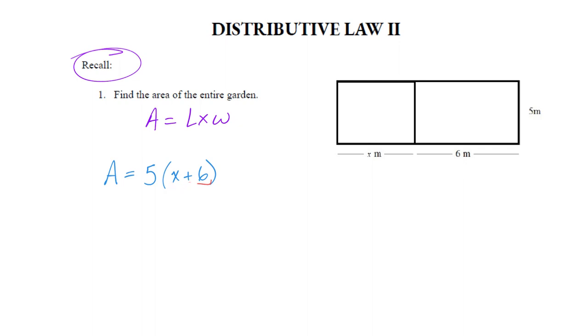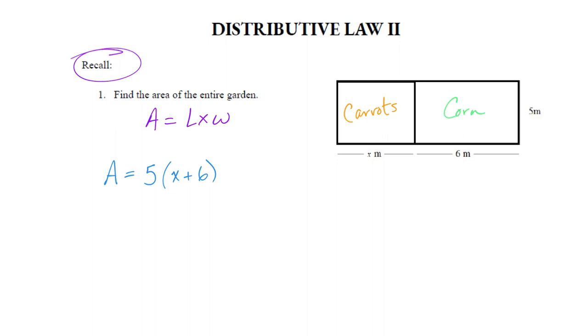Well, then we examined breaking the garden up and viewing it as two smaller gardens. Maybe we said we have carrots in the first garden and corn in the second garden. That would have allowed us to calculate the area of each individual garden and total them up in the end.